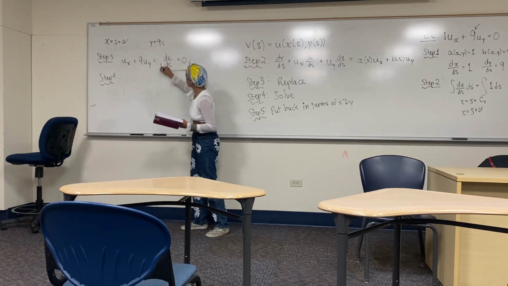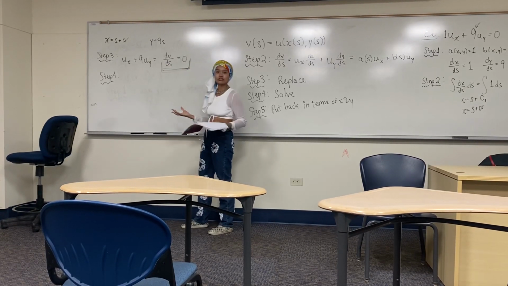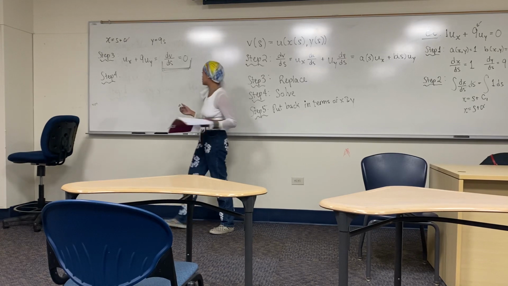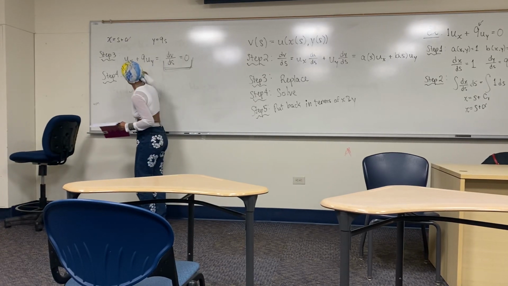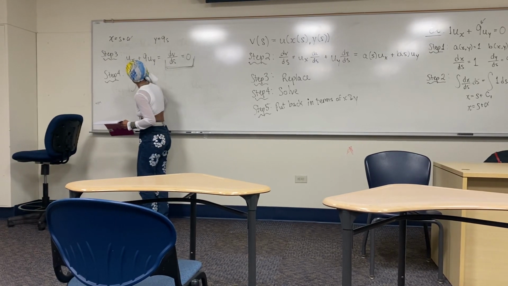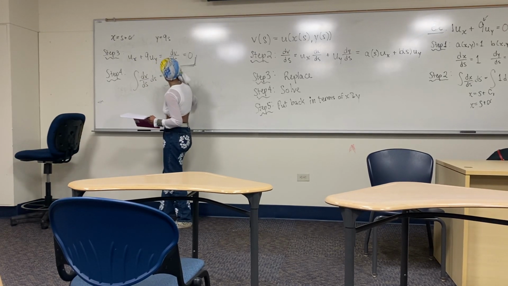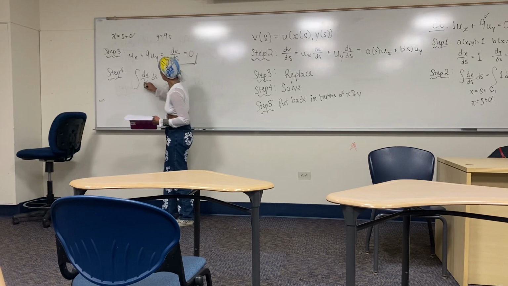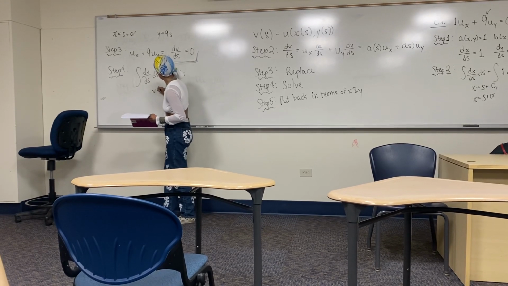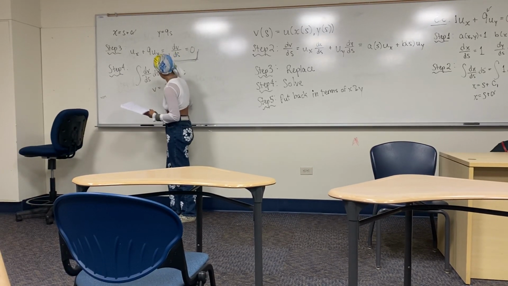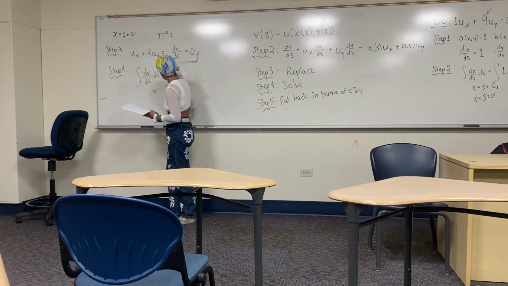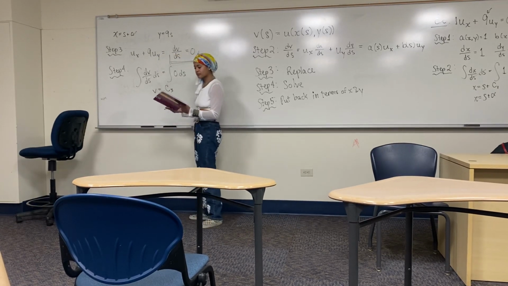that we ended up getting when we replace things, we know how to solve. Again, it's just a separable equation. So we're going to do dv over ds equals 0 ds. This cancels, we end up with v equals some constant value. Let's call it c3 for now.